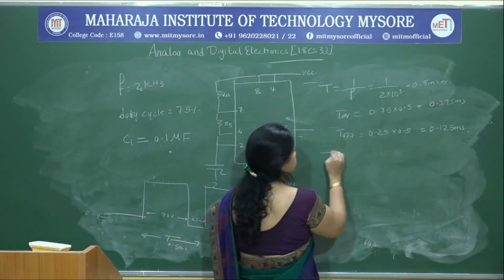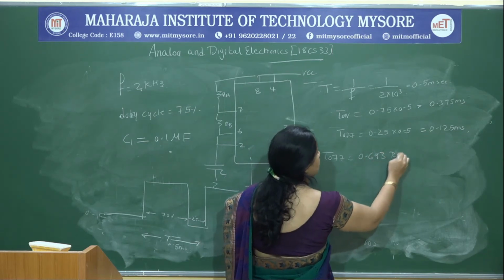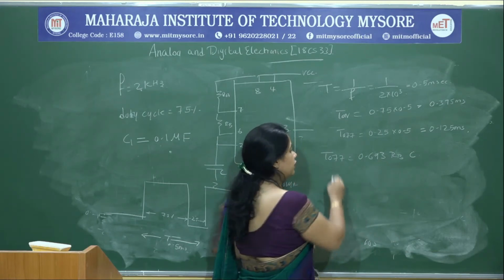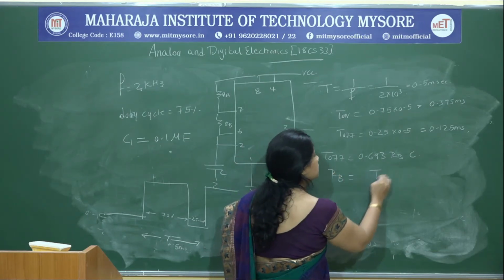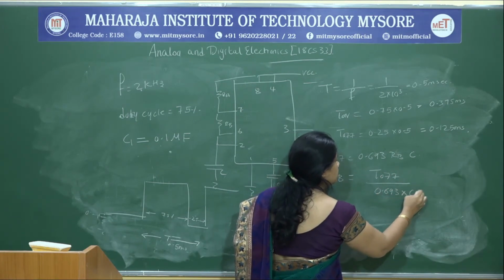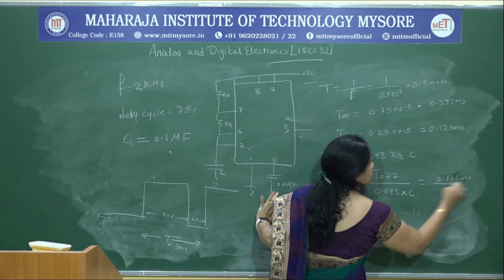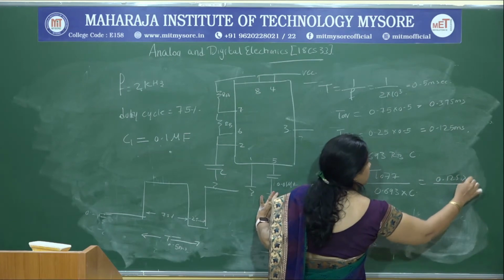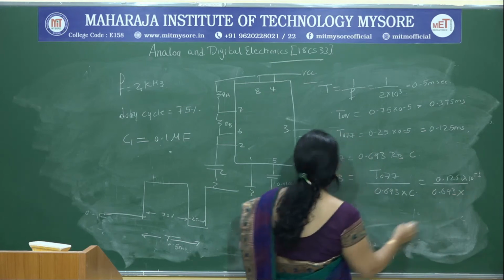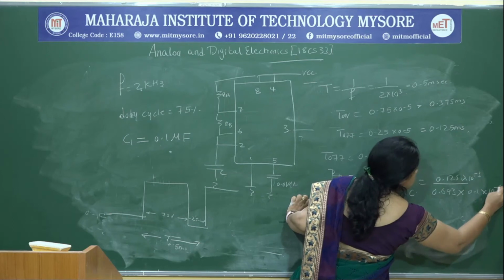Now, things become easy. So, we have an expression for T off, which is 0.693 RB into C. Now, you can easily find the value of RB. So, RB is going to be T off by 0.693 into C. So, T off is 0.125 milliseconds, milli is 10 power minus 3, divided by 0.693, and the capacitance value is already given for you, it is 0.1 into 10 power minus 6.